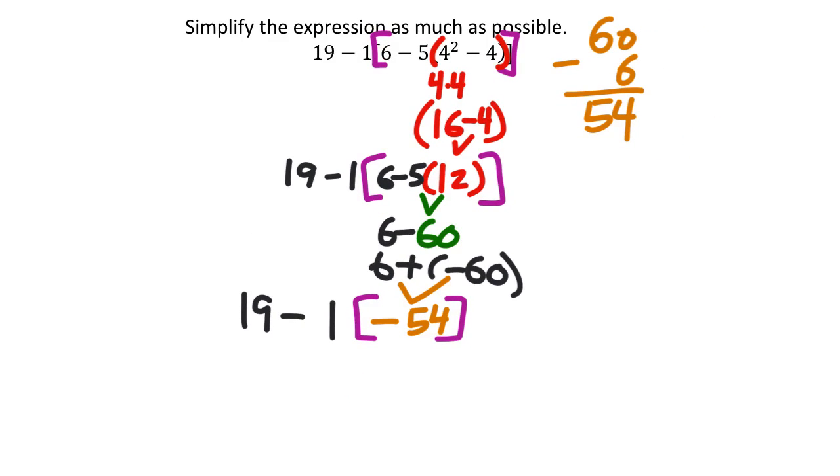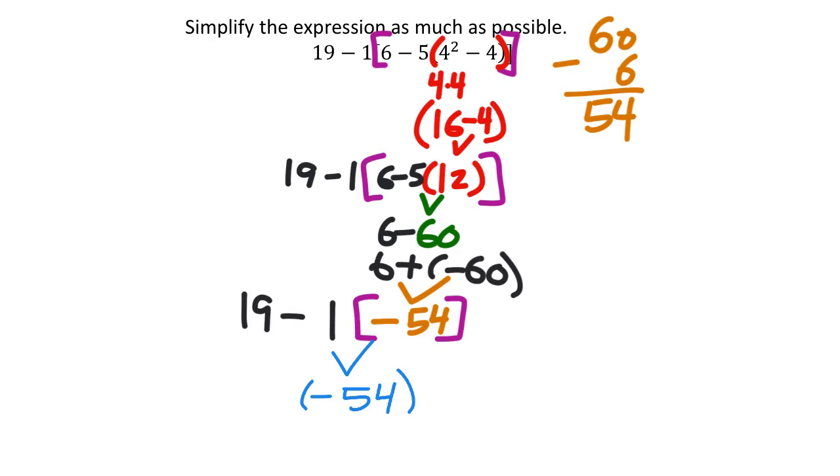Now, that set of parentheses has also been evaluated. So I can go straight to exponents. There are none. I'm looking for multiplication or division from left to right. And I do have multiplication right here. 1 times negative 54. Again, that's an odd number of negatives, so I know my answer is negative. And anything multiplied by 1 is itself, so that's going to be 54 negative.